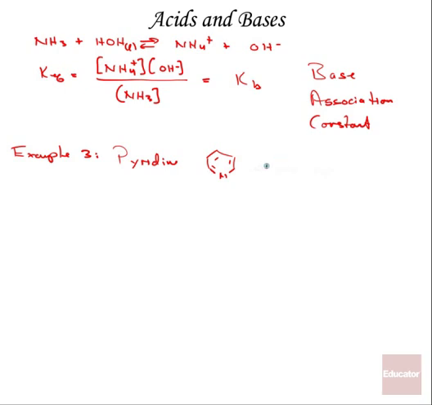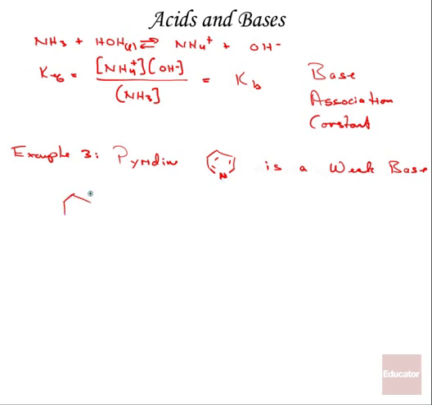Pyridine is a weak base. And notice, as a nitrogen, it's going to be a common theme. Weak bases are pretty much going to have nitrogen in them. Let's see what its reaction as a base looks like.